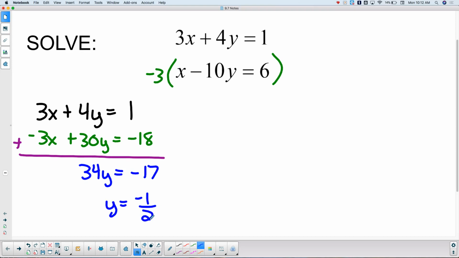Then I'm going to take -1/2, and I'm going to plug it back into one of the original equations. I'm going to pick the top one. In place of y, and that's going to equal 1.